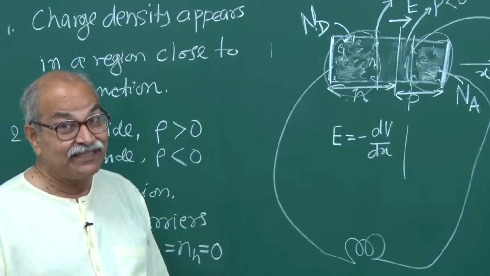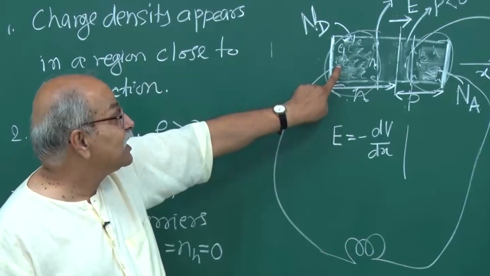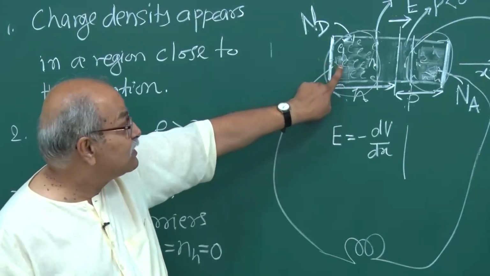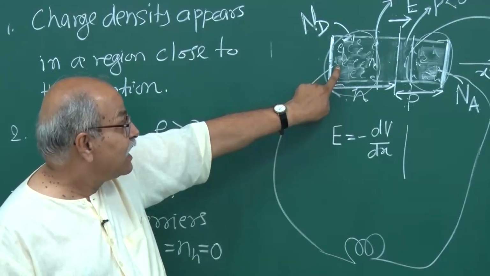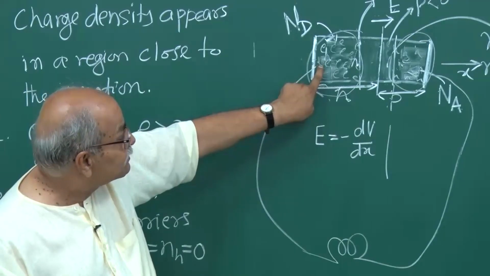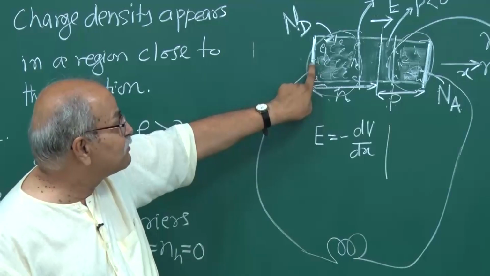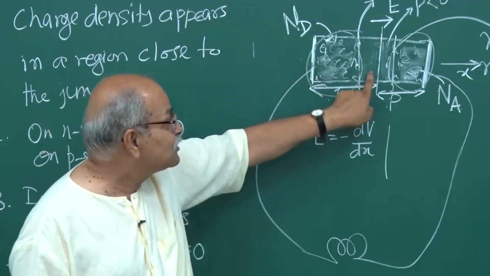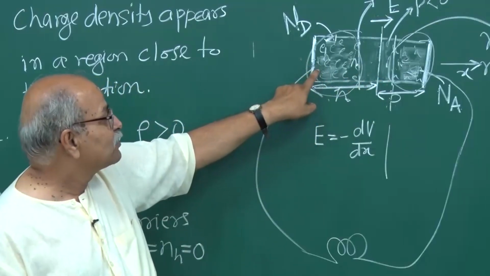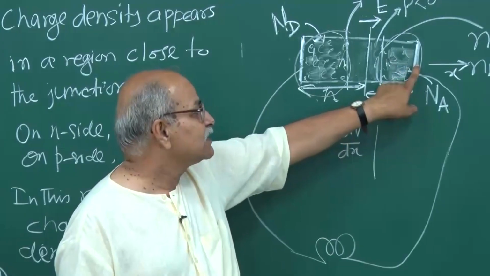It doesn't happen like that, because here also you have different kinds of materials. You have the doped semiconductor here, and then you have the metal here. Once you go from a semiconductor to a metal, there is a junction, so you do have a potential difference here also. Just as you have a potential difference across this junction, you also have one across this junction, and similarly across this junction.